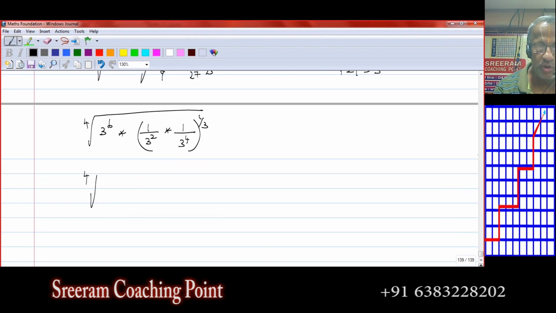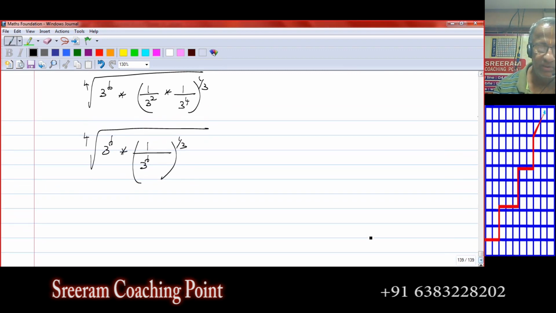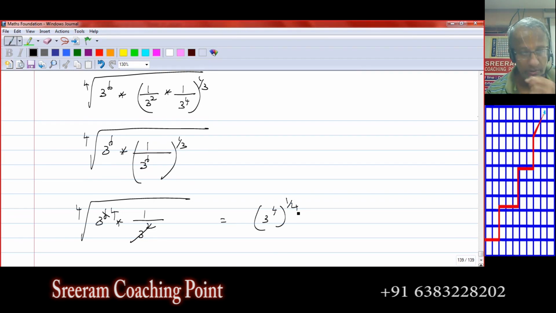So the 4th root of 3 to the power 6 into 1 divided by 3 to the power 2. Correct? This will become 3 to the power 4. This will be written as 3 to the power 4 to the whole power of 1 by 4.